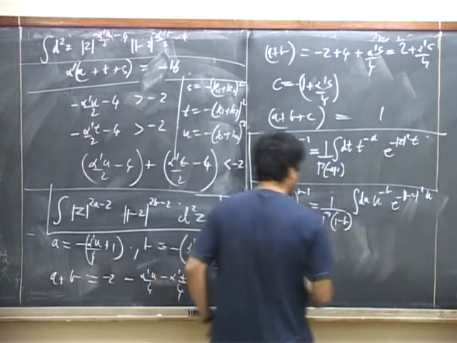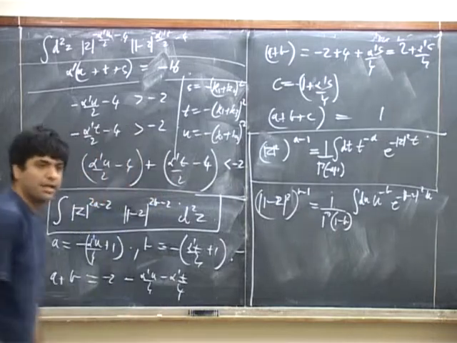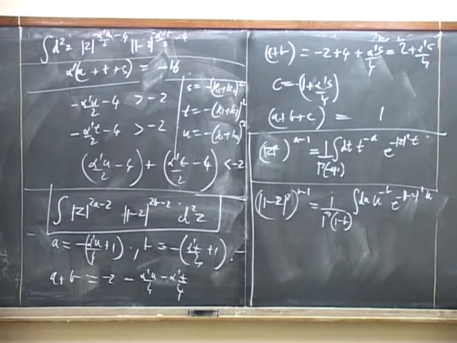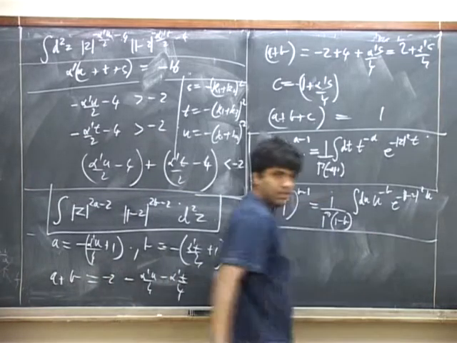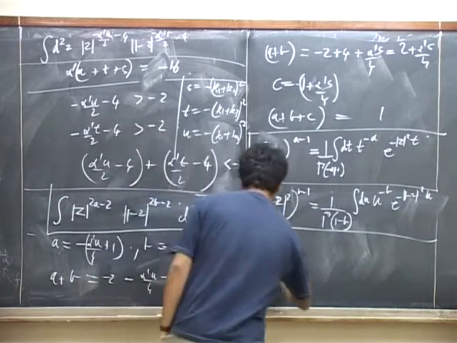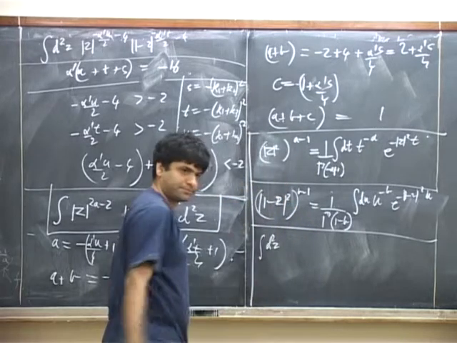Okay, so let's insert these identities into the integral expression that we want to compute. So what do we get? We get d2z.